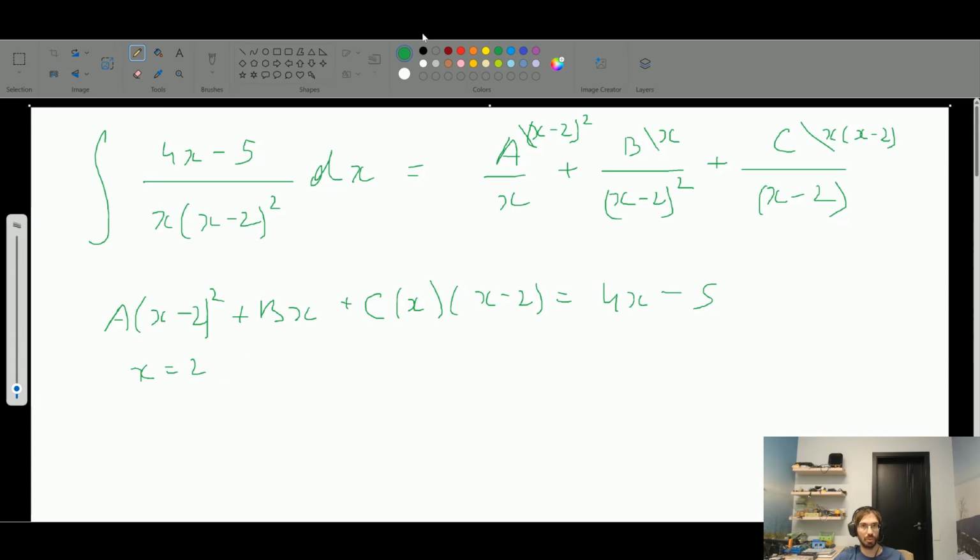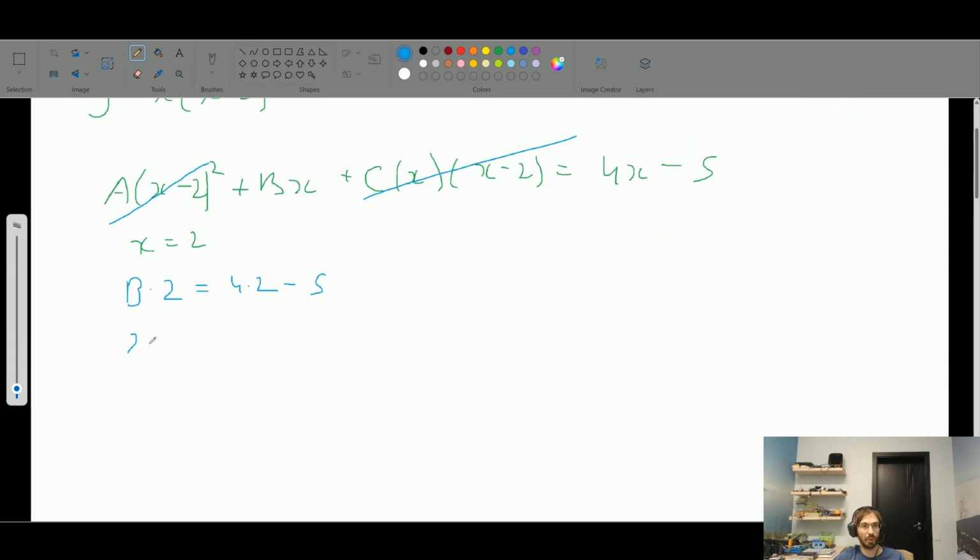If x equals 2, the first bracket will be 0 and the third bracket will be 0, and we can write that B times 2 equals, substituting 2 on the right side as well, 4 times 2 minus 5. So it will be 2B equals 8 minus 5, which is 3. From here B will be 3 over 2.